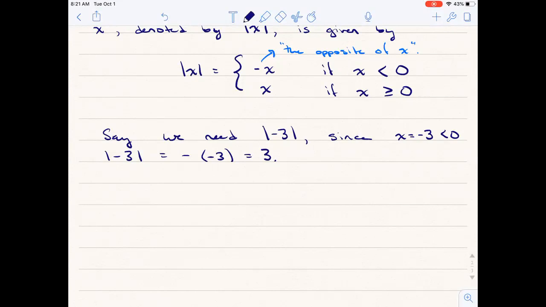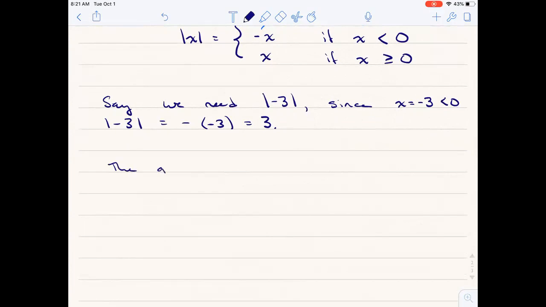The graph of the absolute value, you might remember, just looks like a V. If you're seeing some behavior that looks like a V, then there must be an absolute value in play, because that's what they look like.